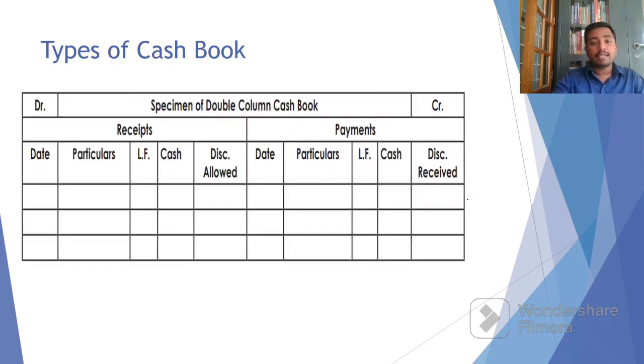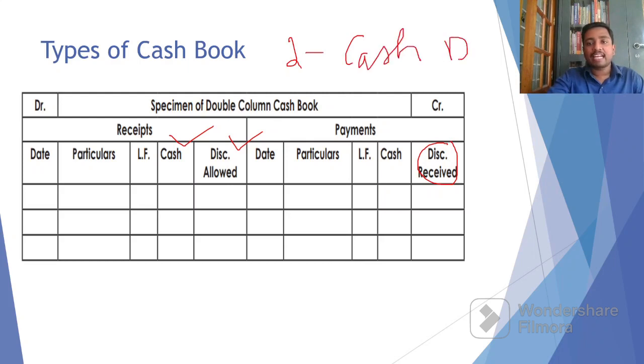When it comes to the double column cash book, there will be two amount columns. The first column is a cash column and the second is discount allowed or discount received. If a cash book has two columns, one related to cash and the second related to discount, it is known as a double column cash book.